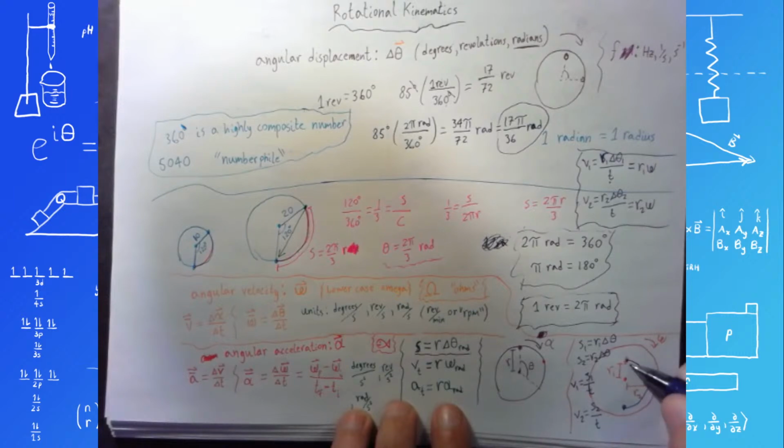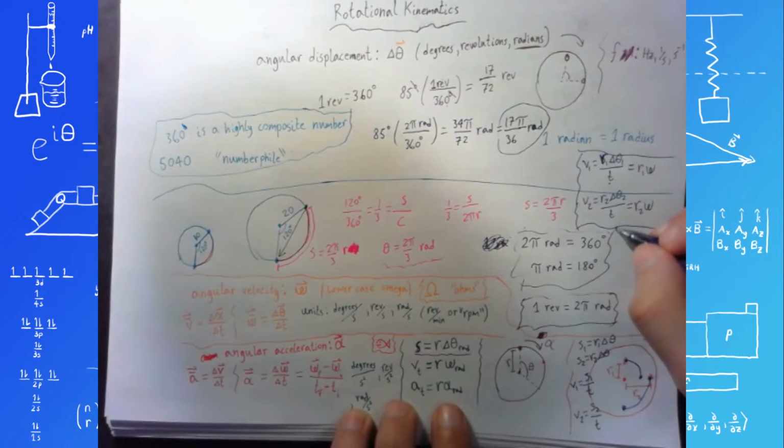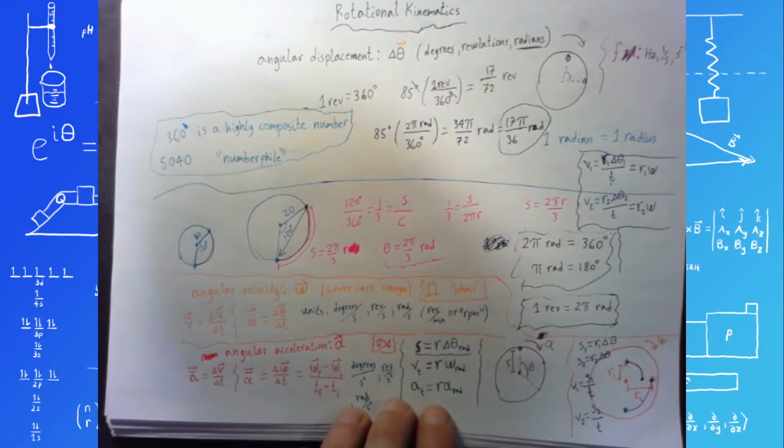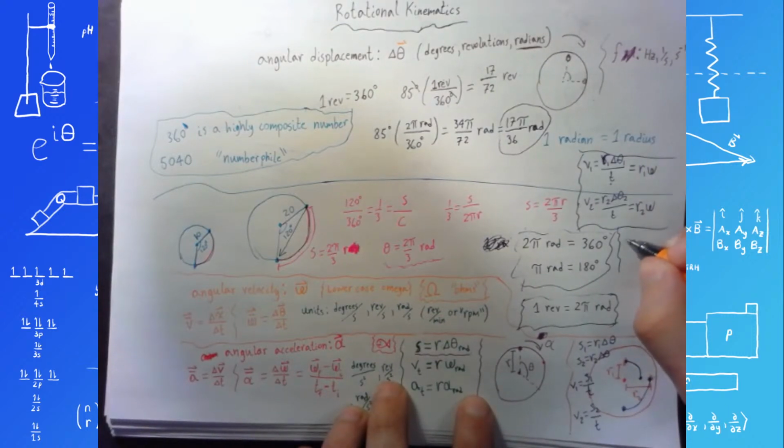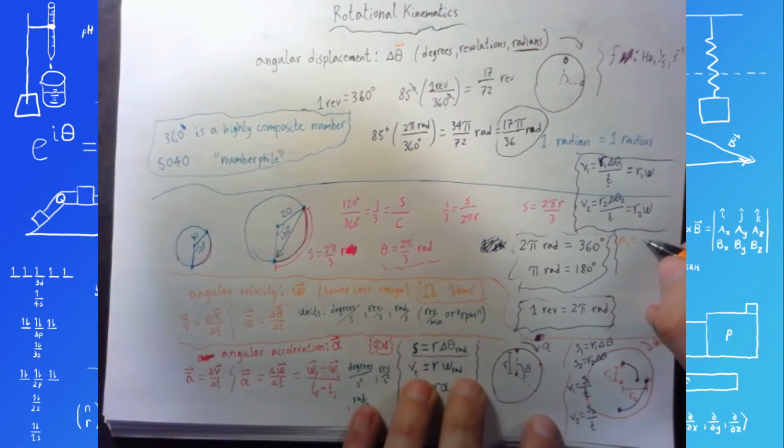if they both started from rest, then we could simply say, let me switch colors because this is starting to get a little hard to follow, that A1 is equal to V1 over T, is equal to, well, hold on, I did that wrong.